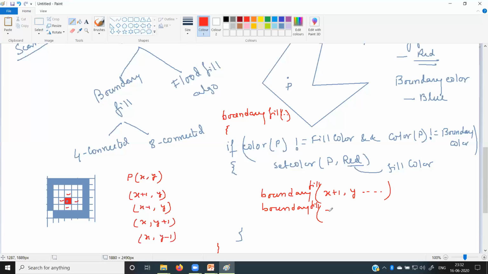So it will call it for x minus 1, y and all the rest of the parameters. Then inside the same function, this is a recursive calling.